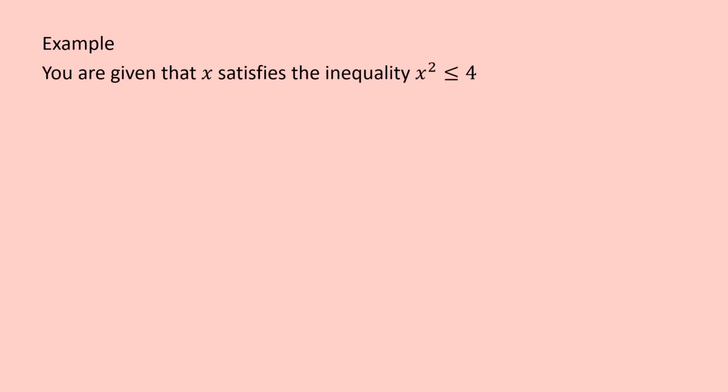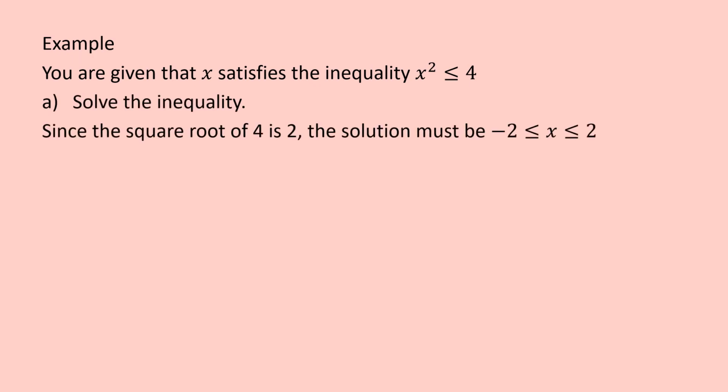Let's see this example. You are given that x satisfies the inequality x squared is less than or equal to 4. Part A. Solve the inequality. Since the square root of 4 is 2, the solution must be like this. It means x is greater than or equal to minus 2, and also x is less than or equal to plus 2.